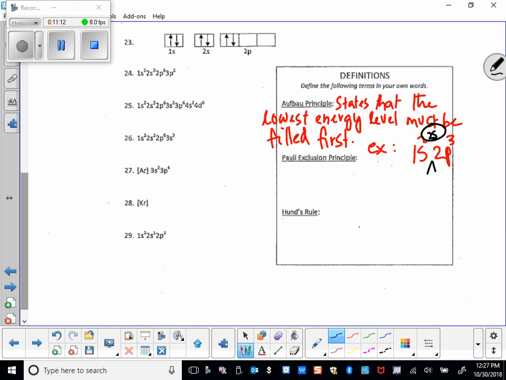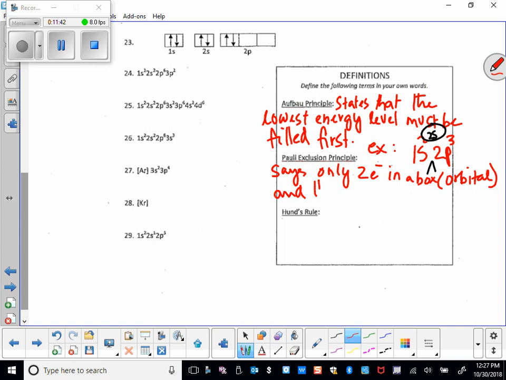Okay. Pauli's exclusion principle. If you read it in a textbook, it will say no 2 electrons can have the same 4 quantum numbers. But we are not going to look at it that way. Pauli's exclusion principle says only 2 electrons in a box, which is also an orbital, is that right?